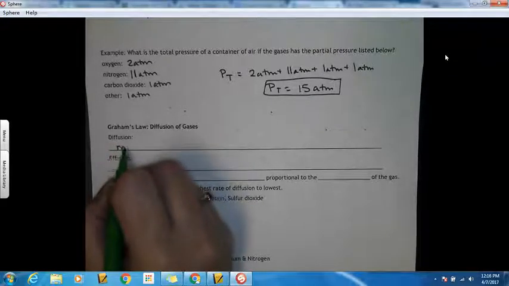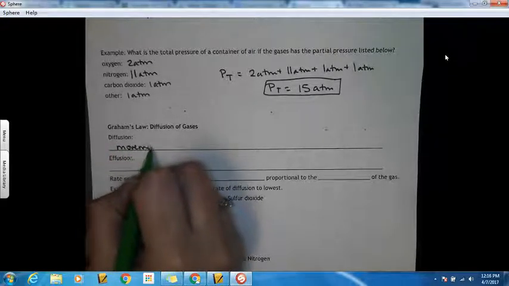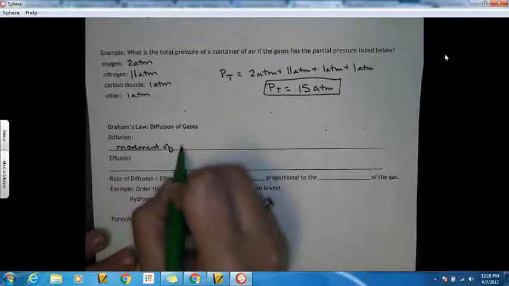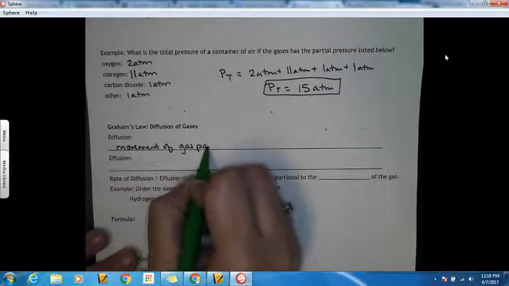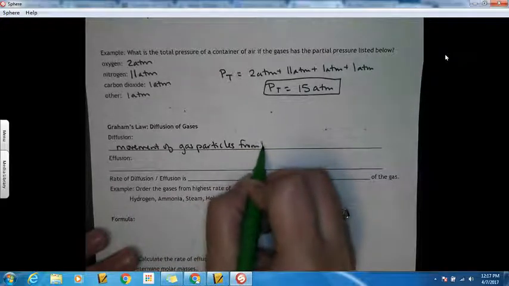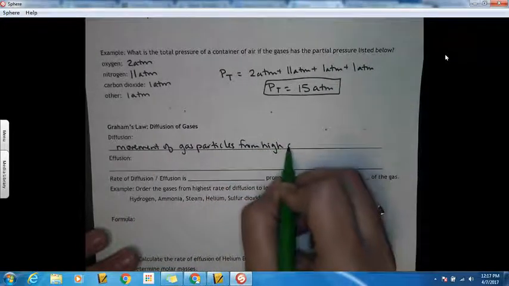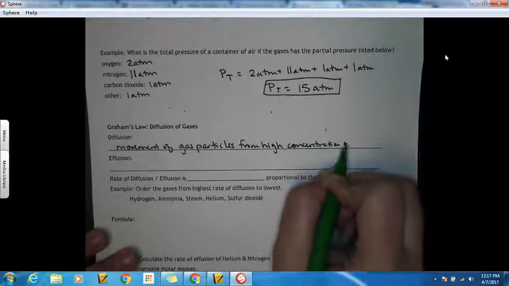So diffusion is the movement of gas particles from high concentration to low concentration. Think about air freshener or perfume.